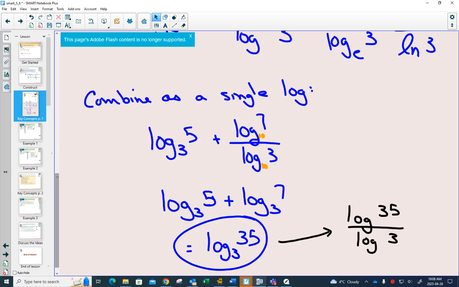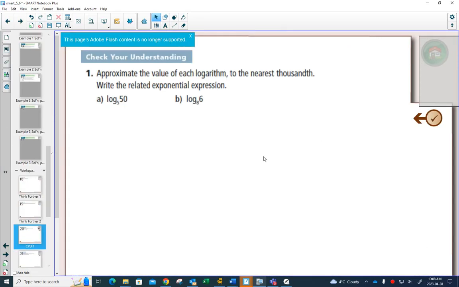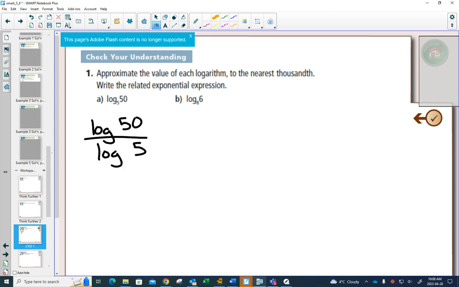So let's look at example 1. It says approximate each value to the nearest thousandth. So this would be a calculator question. What they're wanting you to do is use your change of base theorem so you can type it quickly into your calculator.